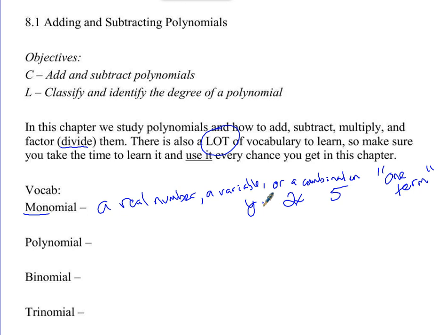Or I could have a combination of those things, like negative 4y to the 3rd power. By itself, that's a monomial. I could also have something like 3x squared y. That's a monomial as well. There's only one term. Each one of those is one thing. It's a bunch of stuff being multiplied together, but it's all just one thing.